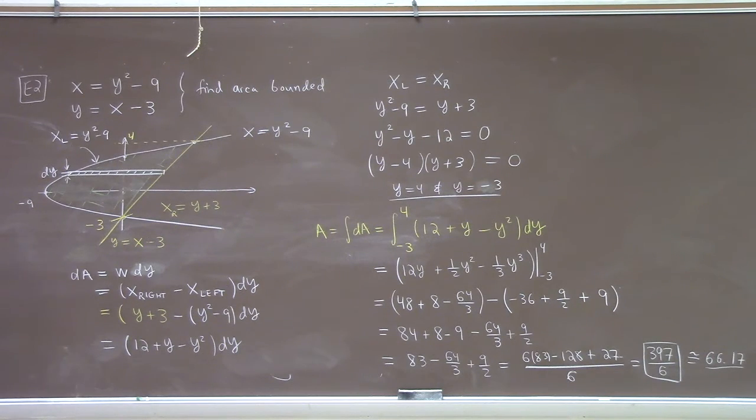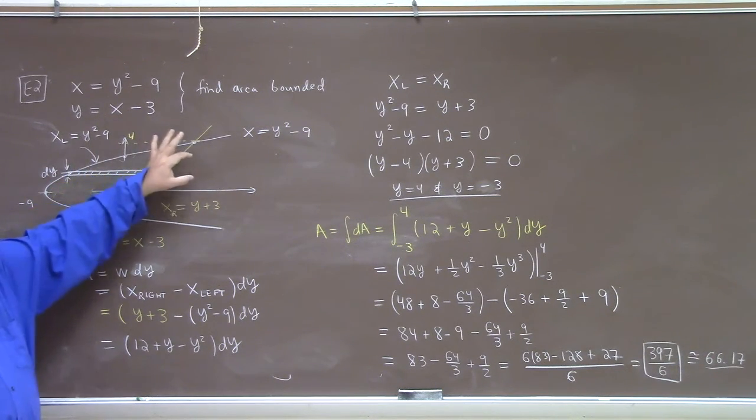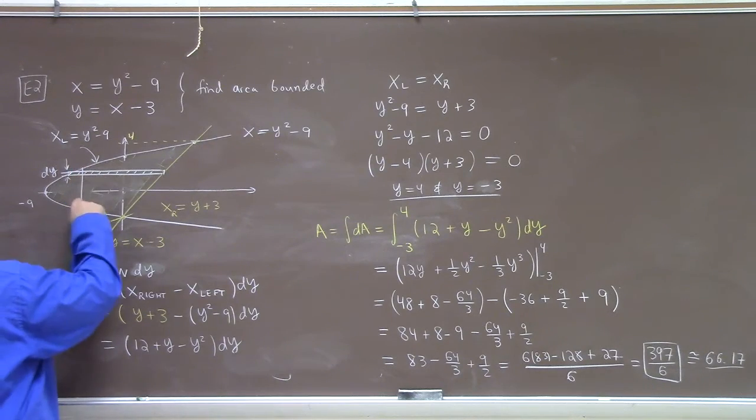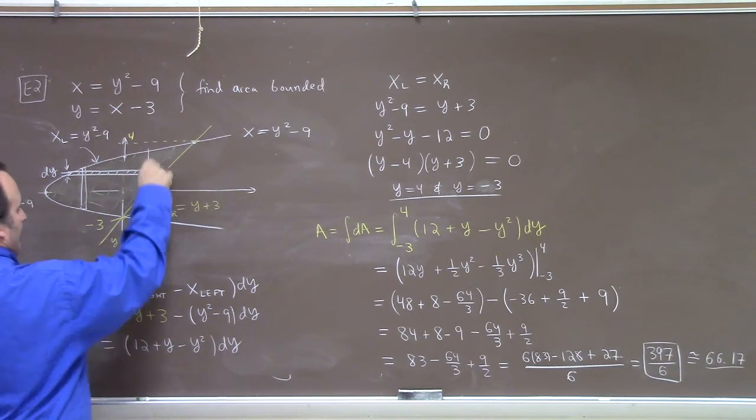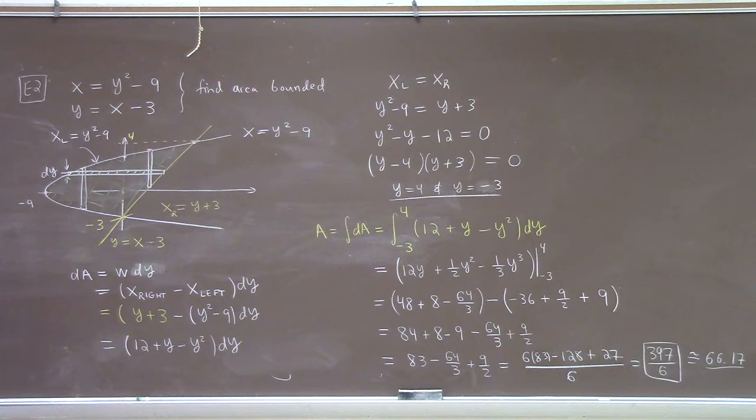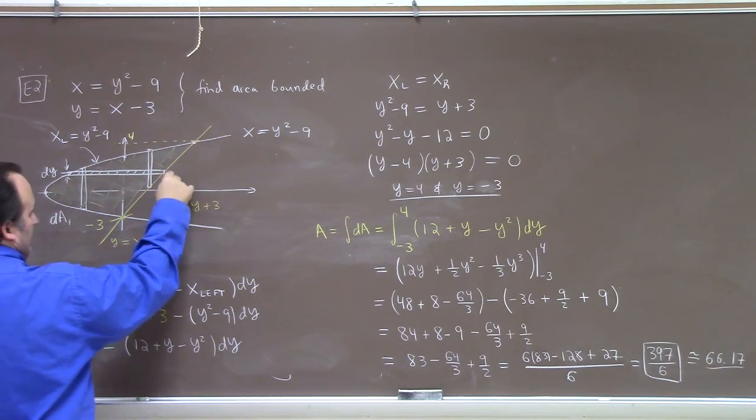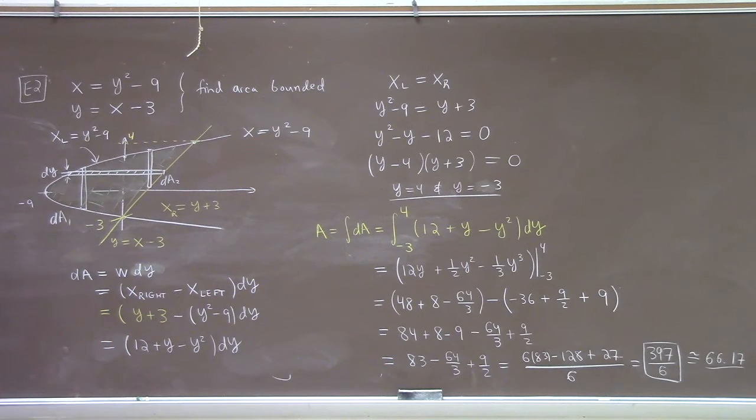I avoided it here by just using horizontal rectangles. If I had done it the other way, I would have had dA1 and dA2, and they would have had different formulas. dA2, well, I don't even want to write it down. It's kind of ugly.